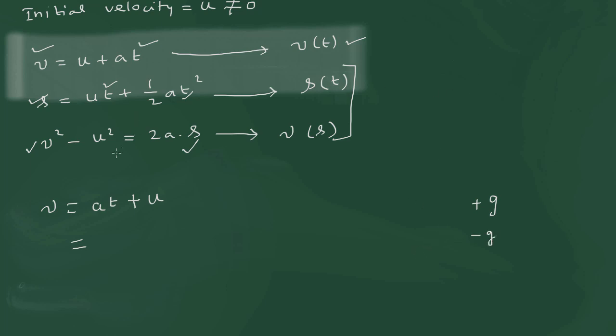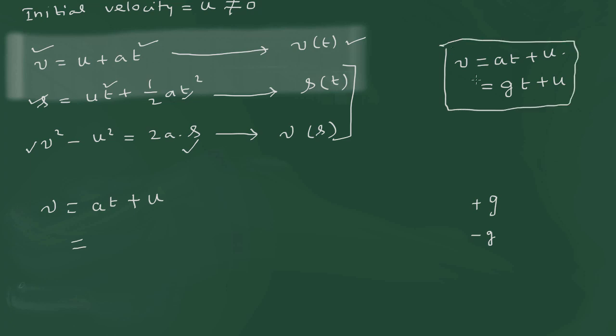So that is a question. Now that can be decided easily from the equation. Now suppose you think about like this. There is a v equal to ut, v is equal to at plus u. Now that is equal to gt plus u. You have one option. So either you can write like this, that is plus gt plus u, or otherwise you can write v is equal to minus gt plus u.